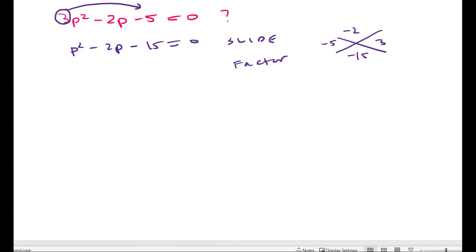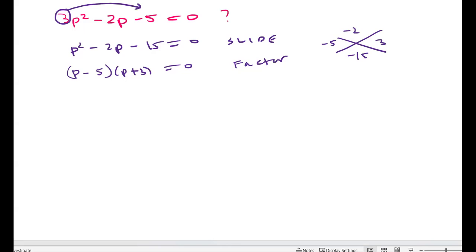All right, so then we factor this, so that becomes p minus 5 times p plus 3 equals 0. Now what students do sometimes, or actually a lot of times, is they say, oh, I found my factors, and they solve it and say, I'm done.